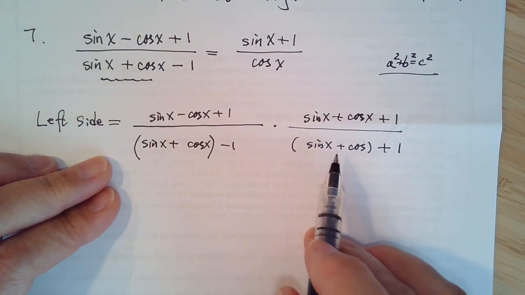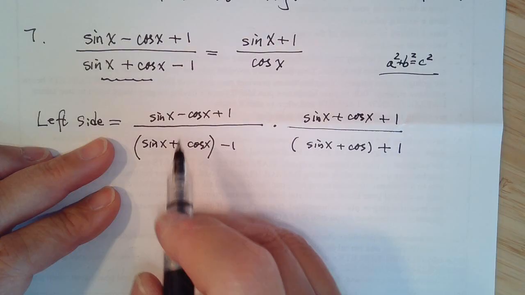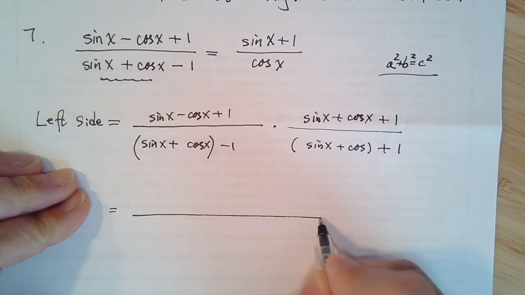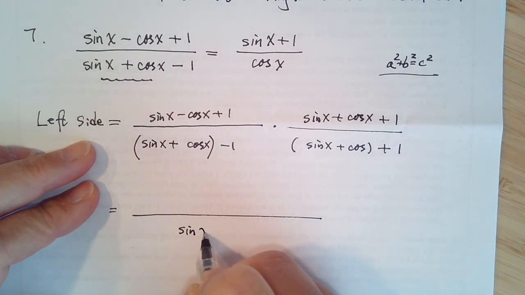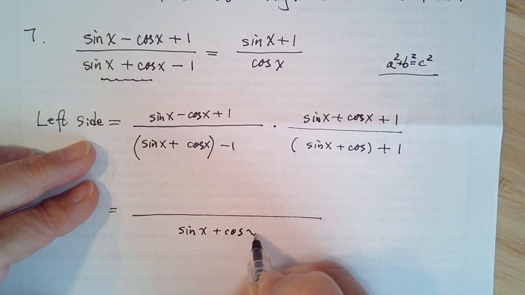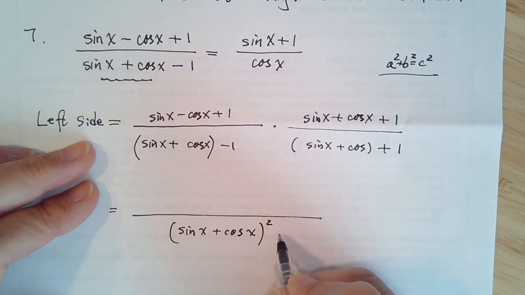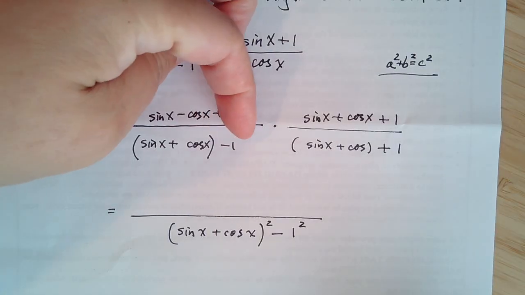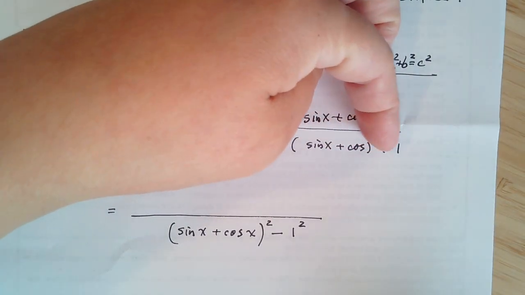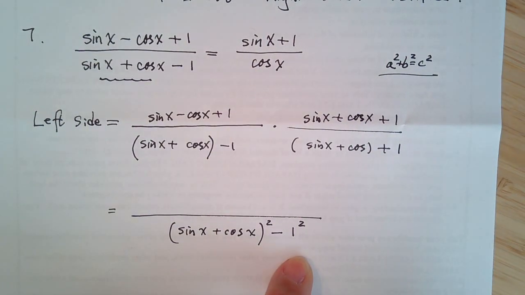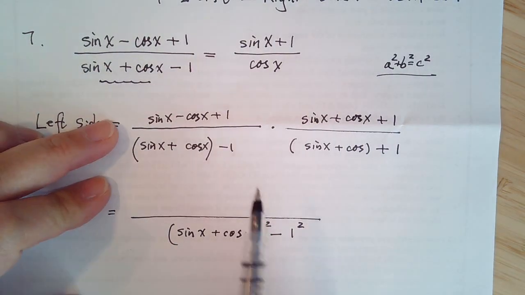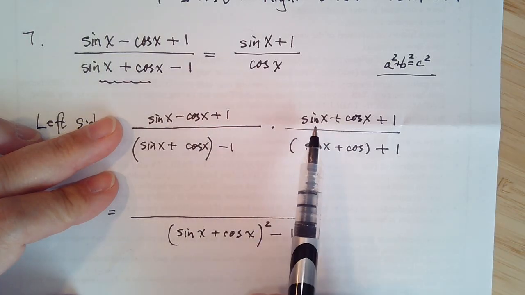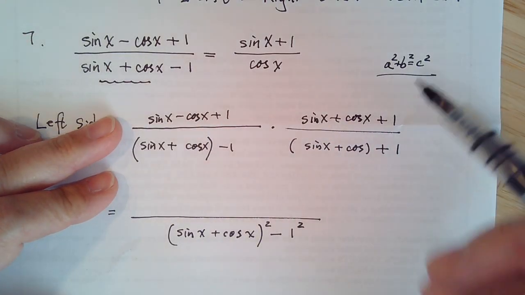So I'm not changing the value, but it's changing the way it will look. Now look at the bottom: I get something plus 1, something minus 1. So the denominator is sine x plus cosine x squared minus 1 squared, right? A minus b times a plus b gives a squared minus b squared. Now the numerator: sine x minus cosine x plus 1 times sine x plus cosine x plus 1.